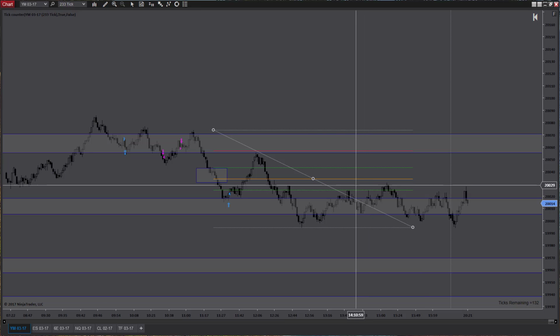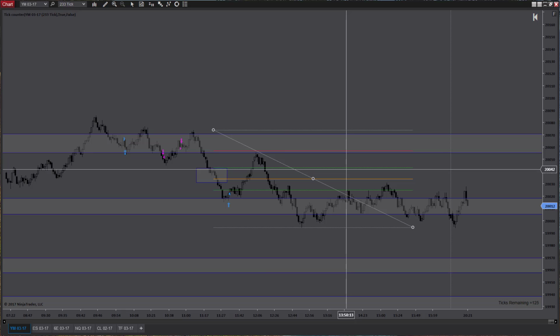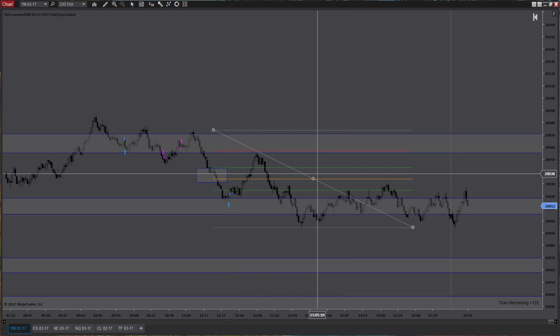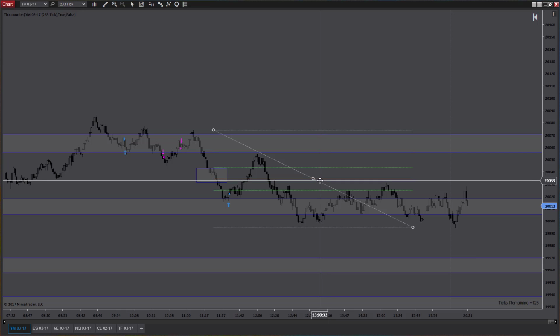These are areas where price may find resistance. These are resistance points within a main swing. So we use these levels as a measuring tool. Fibonacci ratios are a measuring tool to help us measure with some degree of precision certain aspects of harmonics, certain targets of harmonics, certain expectations within harmonics.